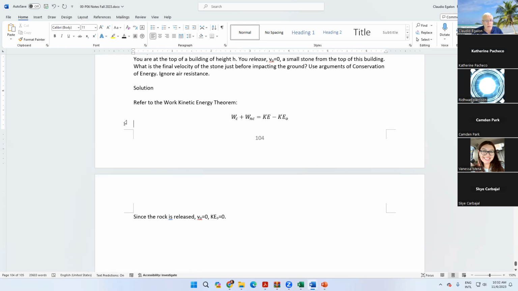So the first simplification that we get is this one right in here. We are neglecting air friction, which is a non-conservative force. So the second term on the right side is going to be 0 as well.